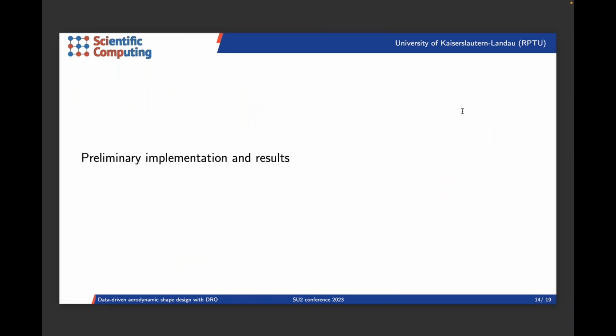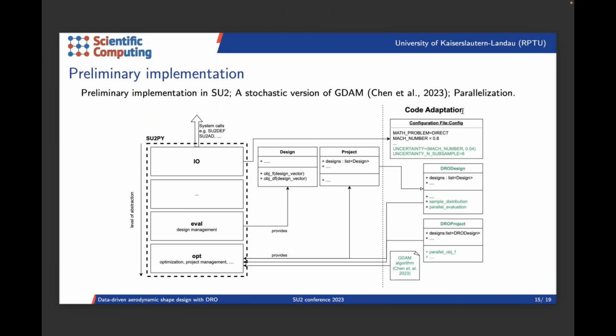Now the last part, implementation and results. We have a preliminary implementation in SU2, the shape optimization framework for deterministic design. The current implementation aims to be clear and simple. In the future, we would like to have a framework that is general for data-driven design problems and that can also take advantage of modern algorithms in statistics and optimization.